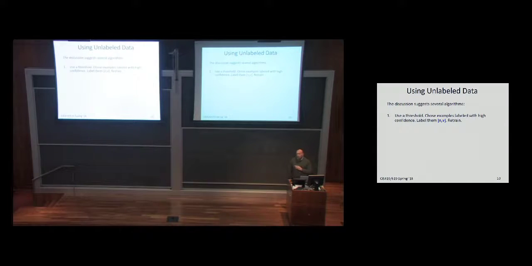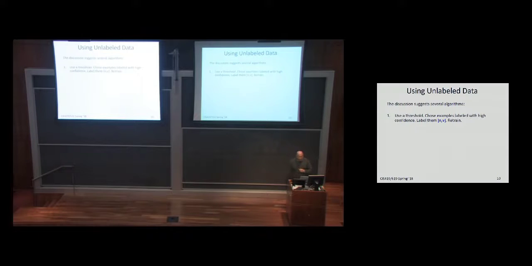One of them is to do what I just said: make predictions, consider the confidence, this probability of predicting n and predicting v, and use some threshold. I'm going to take only those examples of the 100 for which my confidence is greater than 0.8.